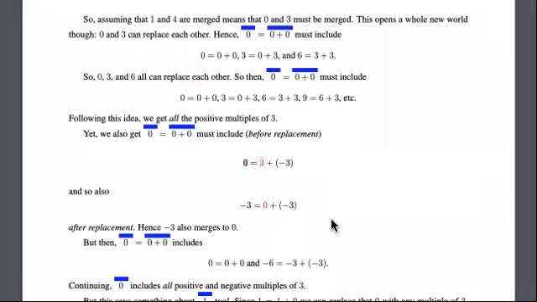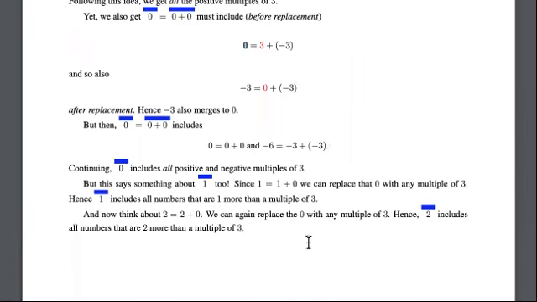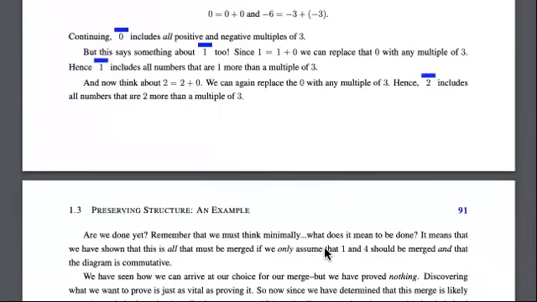So basically what we've shown is that even if we just merge 1 and 4 together, actually what we're getting is all multiples of 3 have to be in the same chunk. Well, if you have that, by working through some things, you actually see that everything that's 1 more than a multiple of 3 also has to be in the same chunk. Well, in its own distinct chunk, which is different than the other one, perhaps. And similar with 2 more than a multiple of 3.